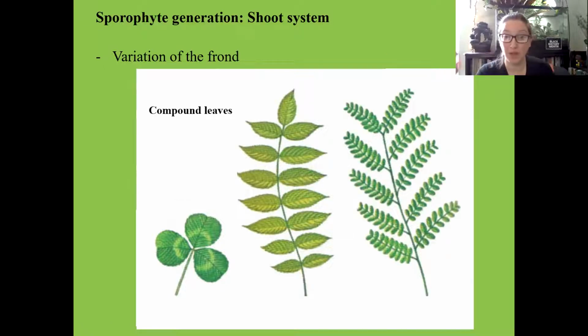As you look at these three examples here, these all have more than one thing above the little stem, but they otherwise look pretty different. So there are different ways to describe the different levels of complexity in the compound leaves.